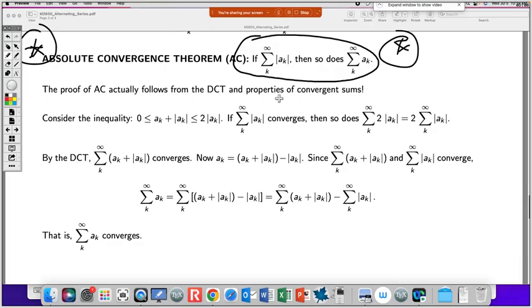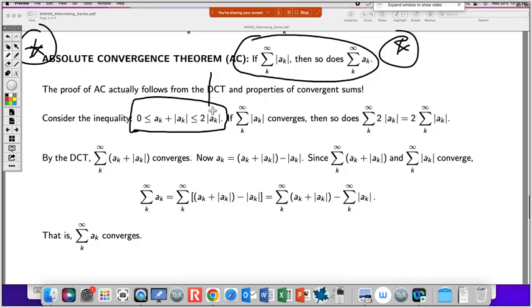The proof of this is actually quite nice. It starts off with this inequality. You take the terms plus their absolute values. Remember, when you take the absolute value of a term, you either get the term back or you get its opposite. You follow? So you either get 0 if they cancel out, or they double up if they're both positive.